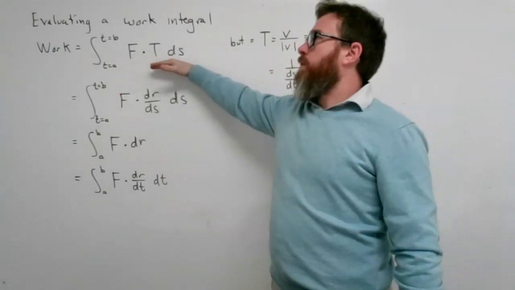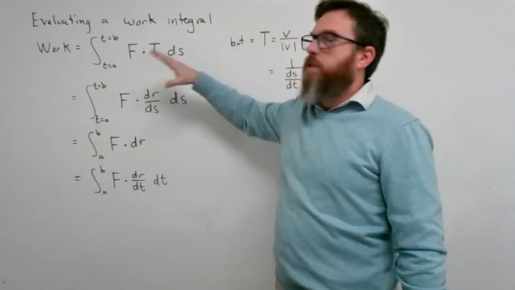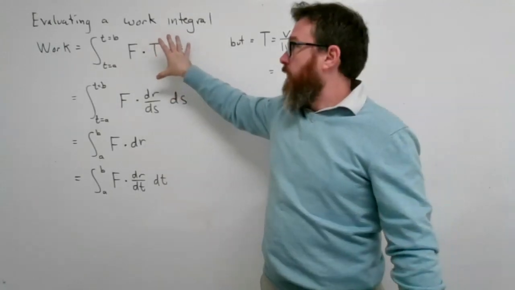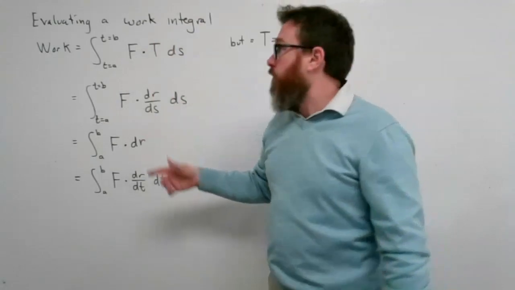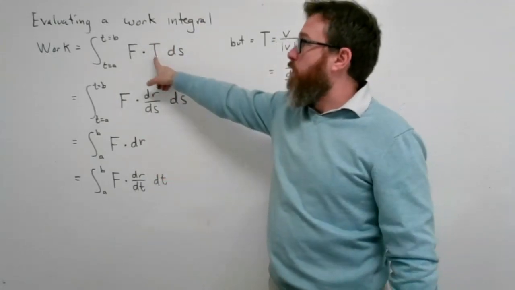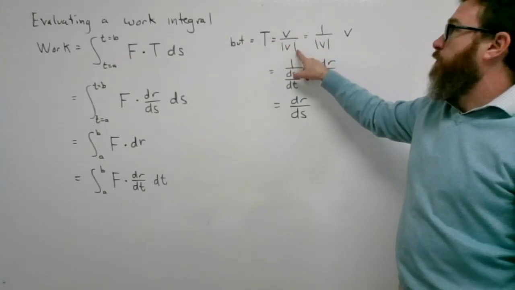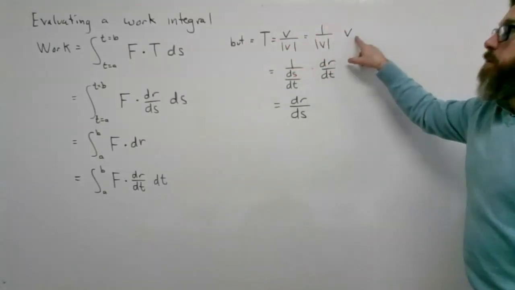This is not very useful to us as it sits, because I want everything to be in terms of t and with respect to our functions. I know that the unit tangent vector is described by v over the magnitude of v, or 1 over the magnitude of v times v.